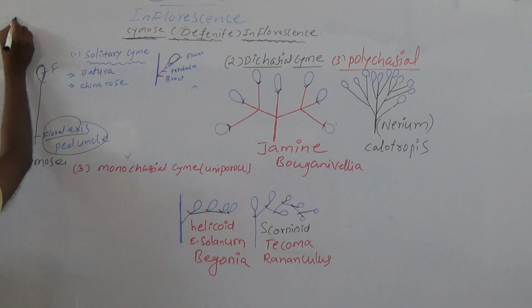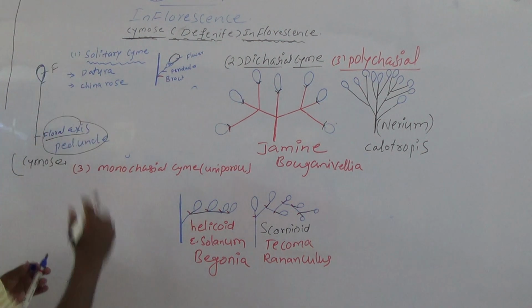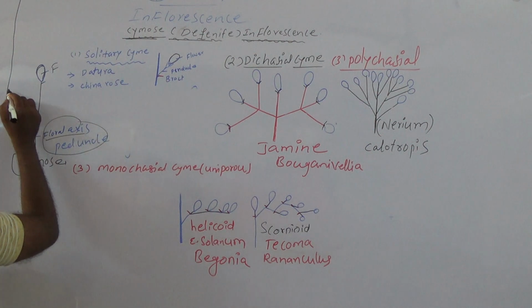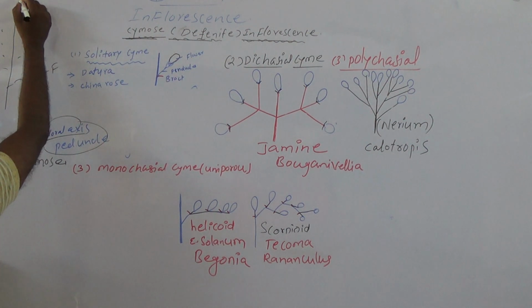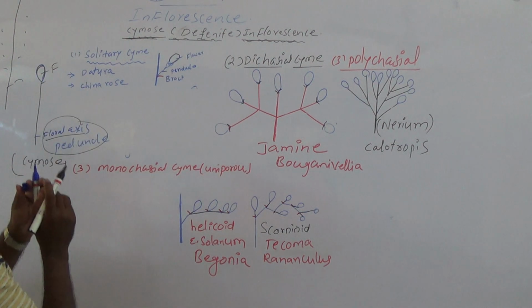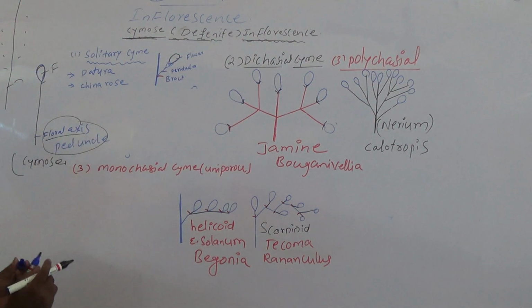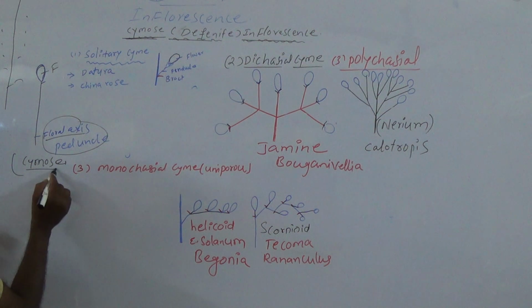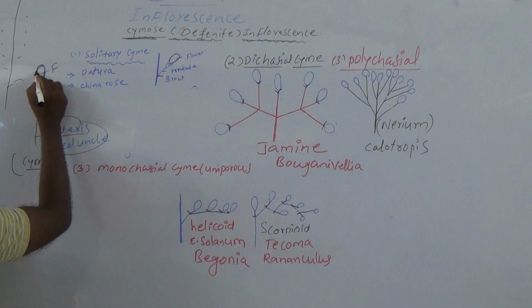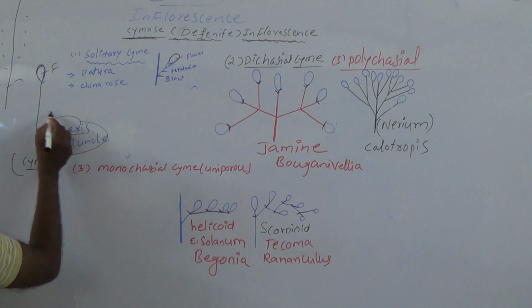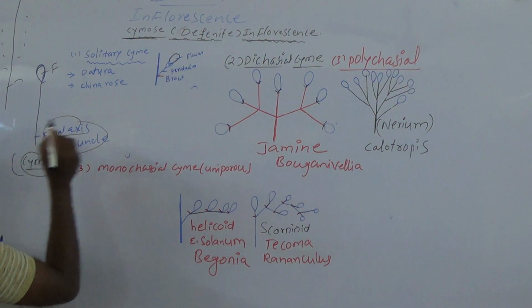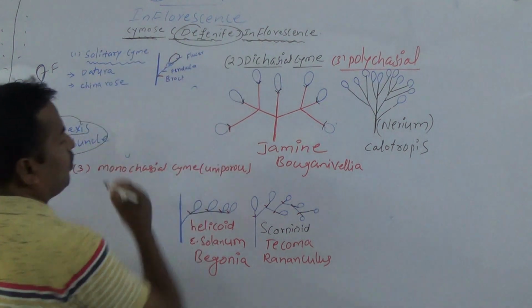In racemose the floral axis growth is indefinite, because the flowers are formed on either side of the axis. Flowers are not at the terminal position. But in cymose inflorescence, every floral axis ends with a flower. That's why the floral axis growth is definite. It is called definite inflorescence.